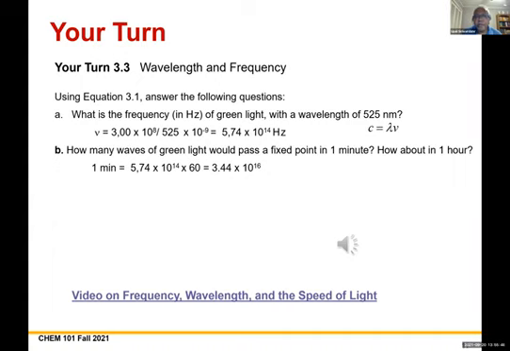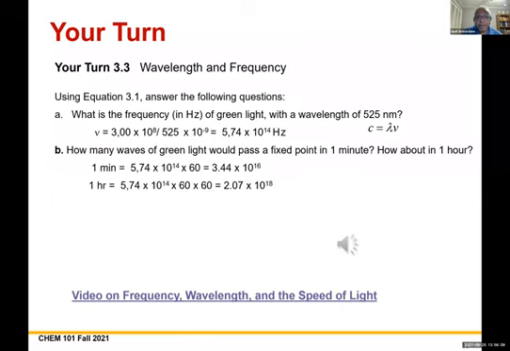This radiation frequency is 1/second, and 1 minute has 60 seconds. Then it passes 3.44 times 10 to the 16 times more.